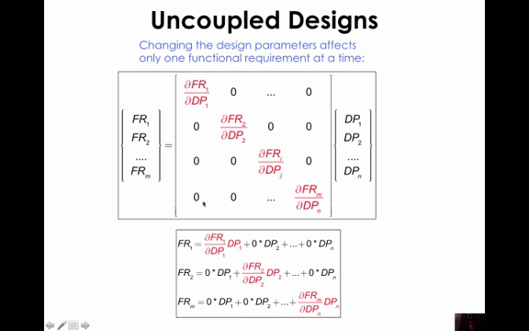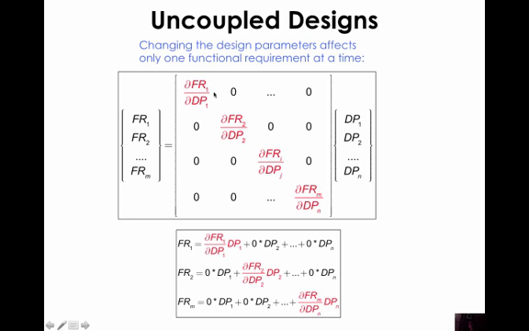And so the way to look at this is like this. For functional requirement 1, we take the partial derivative of FR1 with respect to DP1, multiply it by DP1, that design parameter, and then you see with the next design parameter, I have a 0 in this matrix, so it's 0 times DP2 plus 0 times DP3 plus 0 times DPN, and so forth.